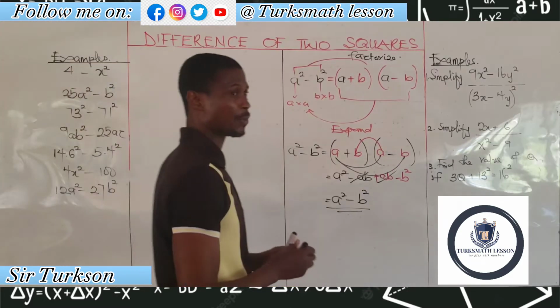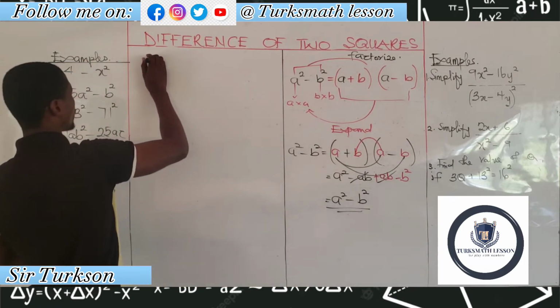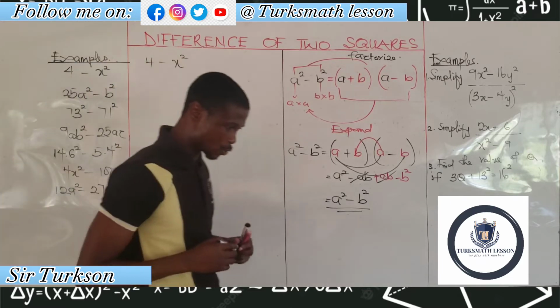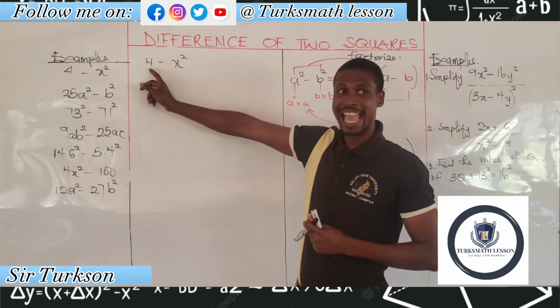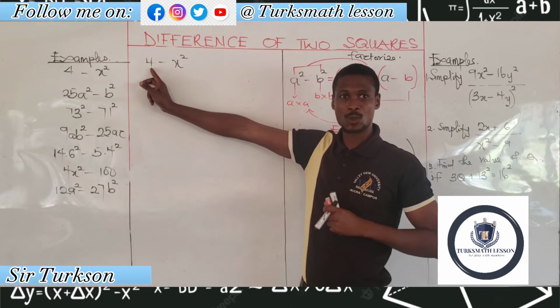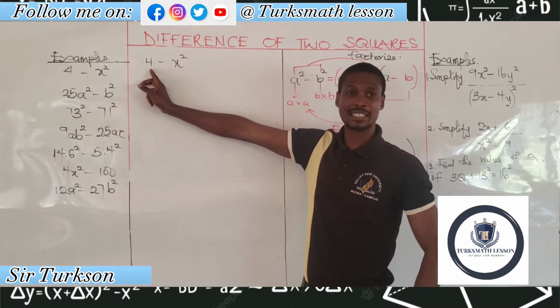And what's the first example there? 4 minus x squared. 4 minus what? X squared. Very good. And you realize that 4 here is a perfect square. Why is it perfect square? Because we have two numbers that come together to give us what? 4.